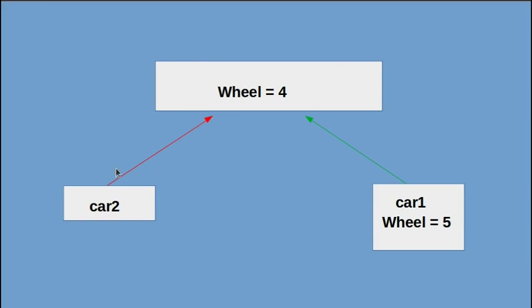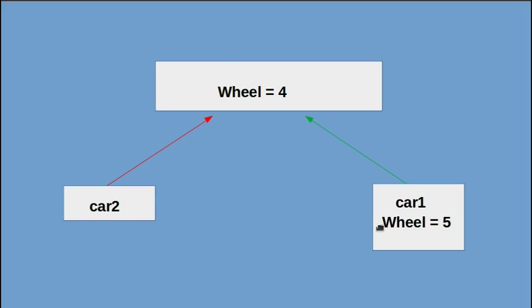Both of them were previously pointing to the class variable wheel, which had a value of 4. So when you access the wheel variable, we got 4 for both objects. But now car1 has its own variable which is specific to that object, an object variable, where wheel has 5 wheels.